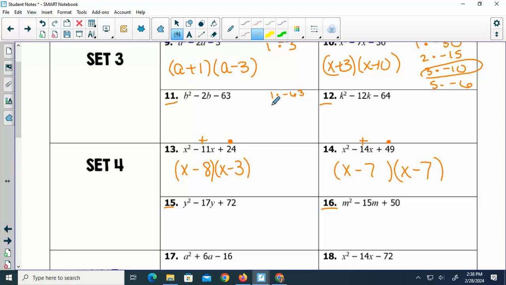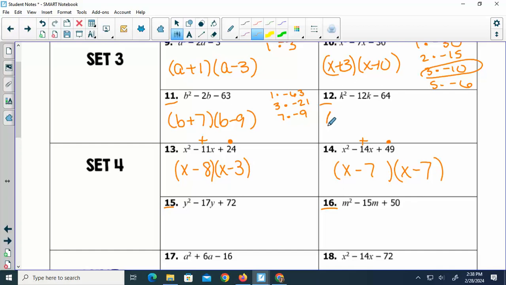Can you do 63 divided by 2? No, so we can't do any evens. We could do 3 and -21. You can't do 4 or 5 or 6. You could do 7 and negative 9. So that would give it to us. So it's b plus 7, b minus 9.